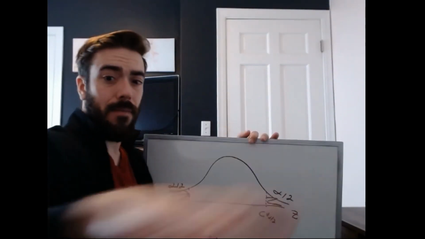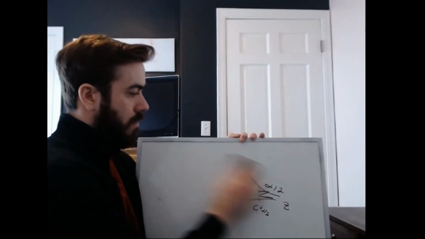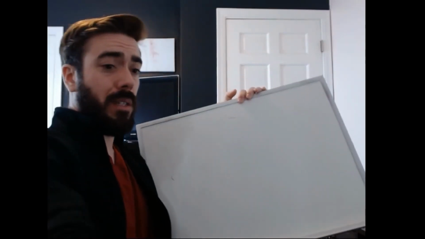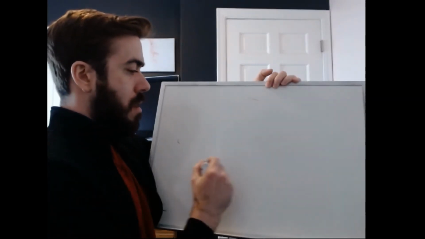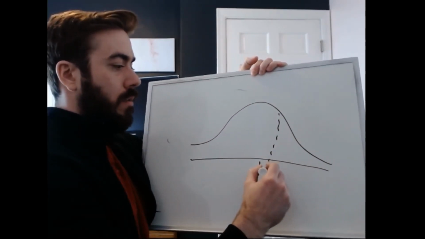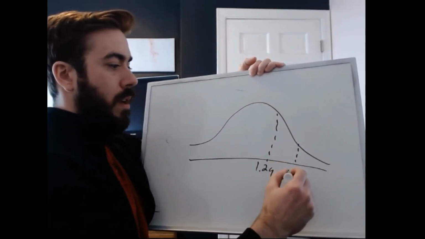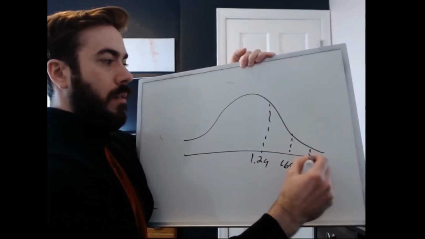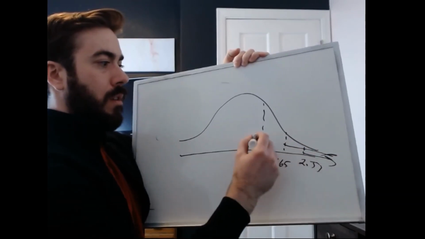There we go. If instead I'd found 1.8, what would that look like? Well, I still have the same three critical values because I still have the same type of test. I still have the same three alphas. So I've got 1.29, 1.65, and 2.33. Here's my rejection regions.